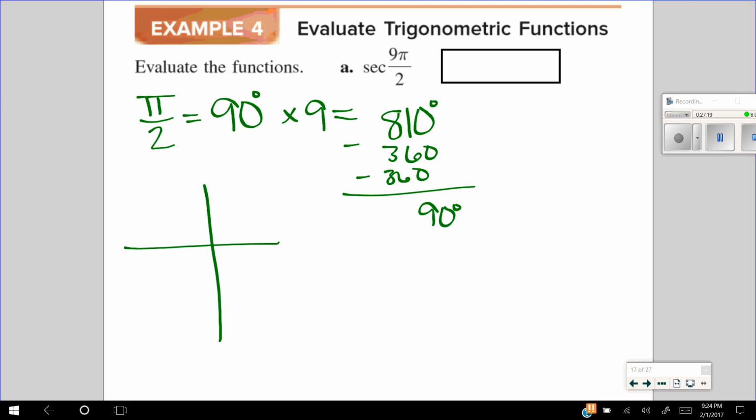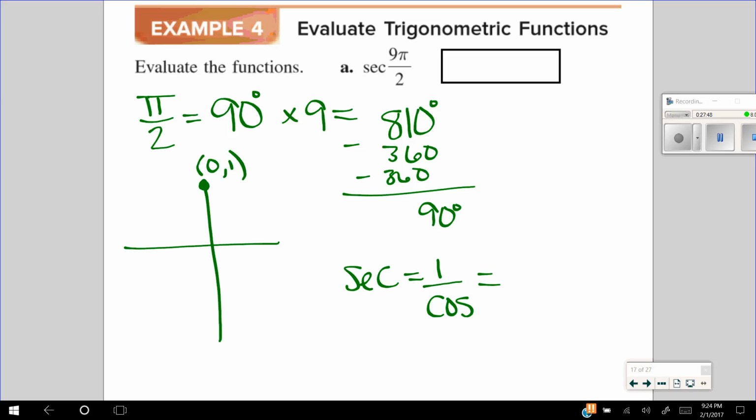Okay? Well, 90-degree angle is right here. There is no reference triangle to draw with that. What you just need to know is that the coordinates of an angle on the axes, this is just 0, 1, because the radius is 1 in the unit circle. So the secant is 1 over the cosine, right?